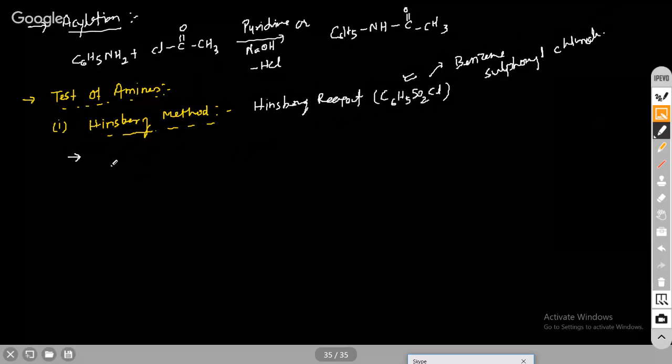Now you see, suppose I am taking a 1 degree amine. This is the test of this. 1 degree amine is RNH2. When it reacts with benzene sulfonyl chloride, C6H5SO2Cl, can you tell me what is the product we get here? Guess.